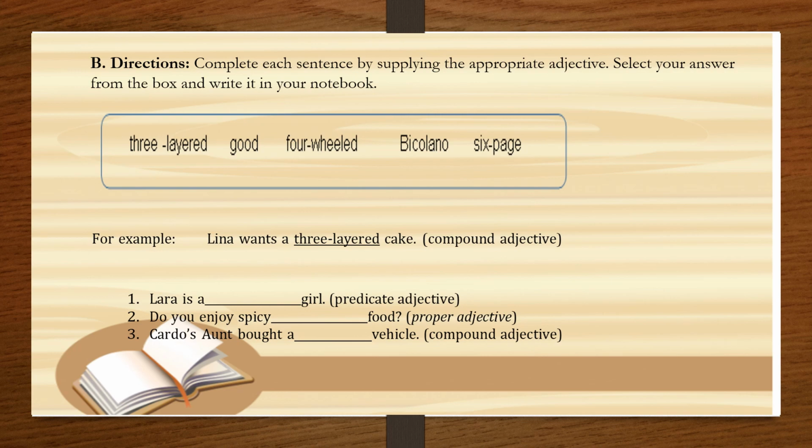So the adjective that you're going to choose from the box must be a predicate adjective. Number 2, do you enjoy spicy blank food? So you should choose again a proper adjective. And for number 3, Carlos' aunt bought a blank vehicle. So compound adjective.